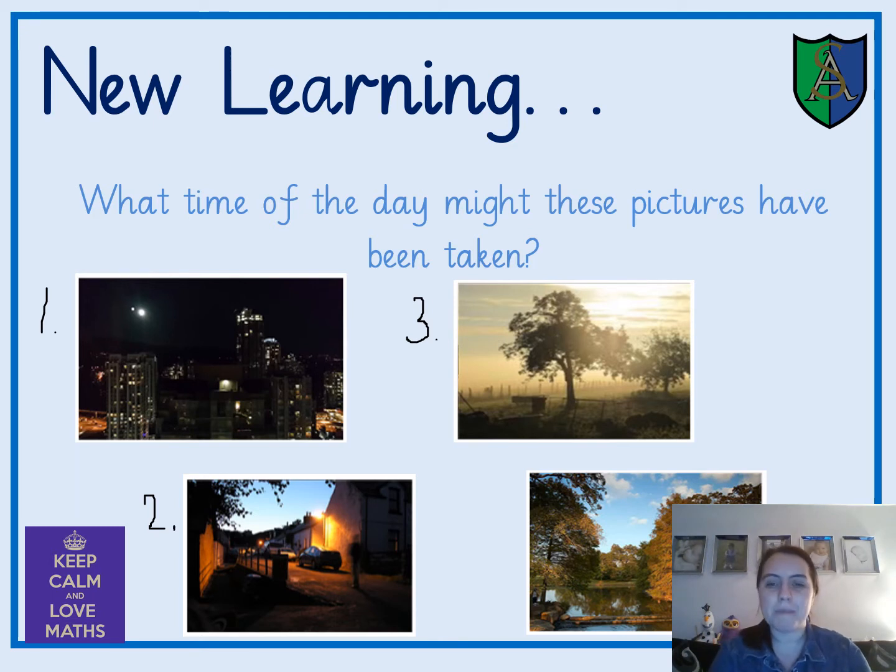Because it's very crisp and clear and it looks like a morning picture. And number 4, I would say this picture was probably taken in the afternoon because it looks like the sun is high in the sky and it looks like it's very, very bright, and there are no street lights around and it doesn't look dark in the picture. Okay, so hopefully you had some of the same ideas as me.